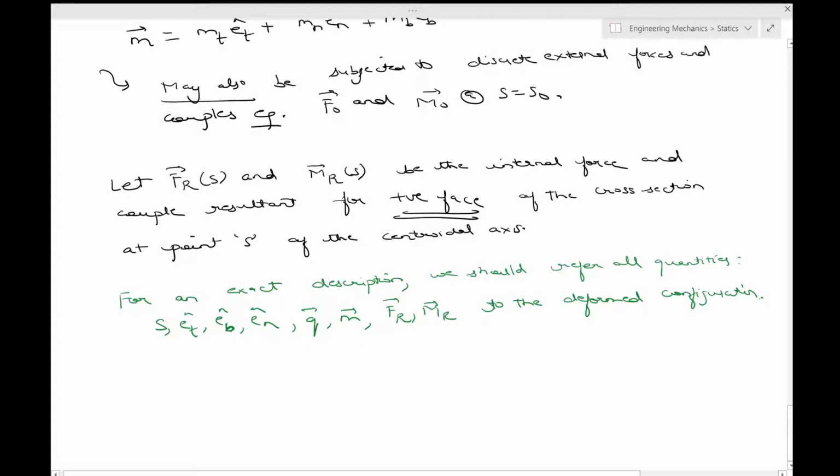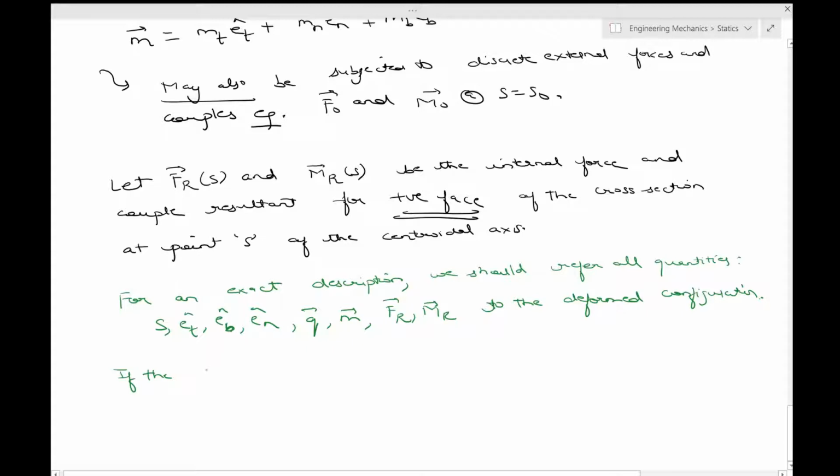If the deformations are really small, then it doesn't really matter, because the deformed configuration is almost the same as the undeformed configuration. So all these quantities can also be written in terms of the undeformed configuration. This is the part which is important, at least at this stage.